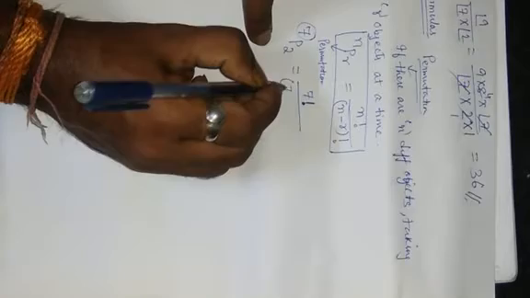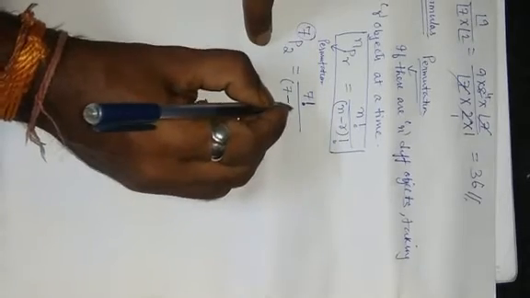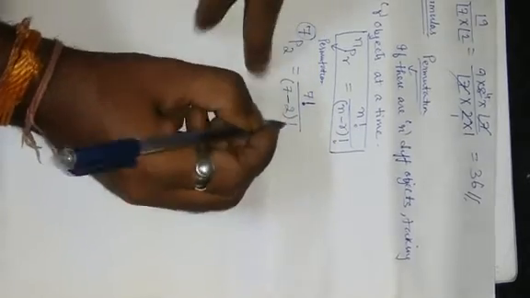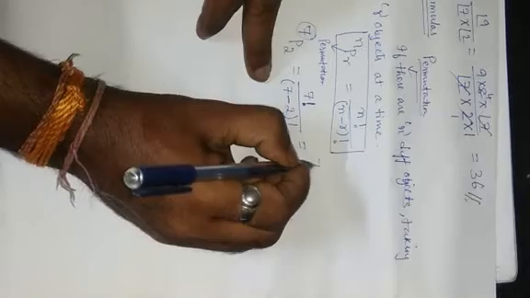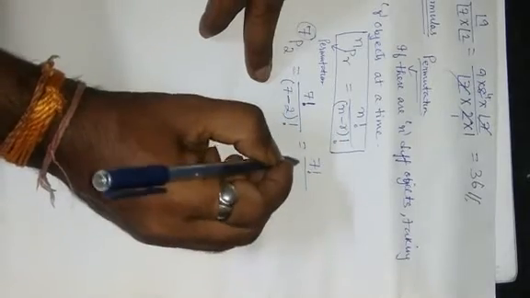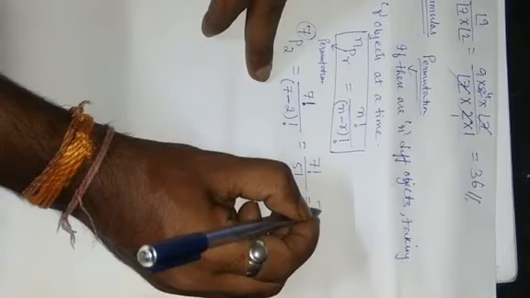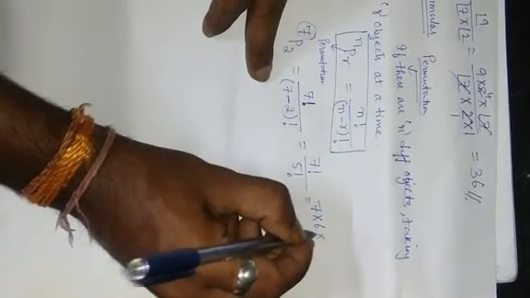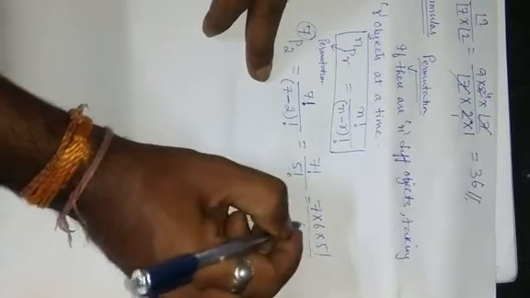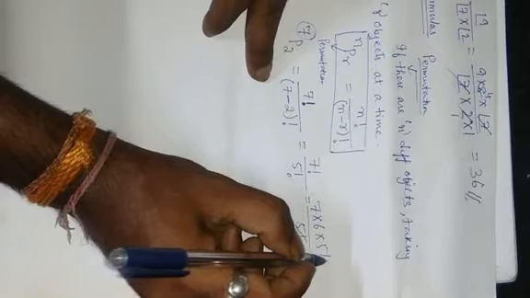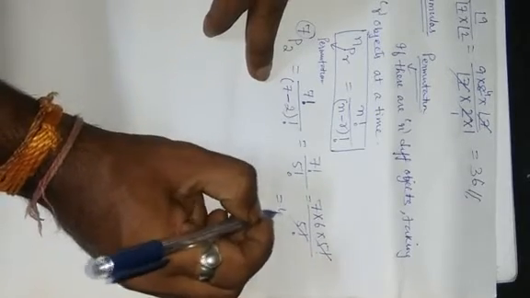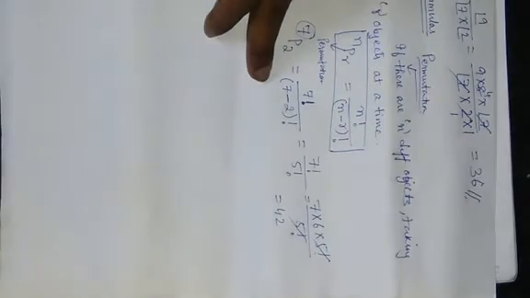So n value is 7, r value is 2. So it becomes 7 factorial by 7 minus 2, which is 5 factorial. So we can break it as 7 into 6 into 5 factorial by 5 factorial. 5 factorial cancel, 7 times 6 is 42. This is an example of permutation.